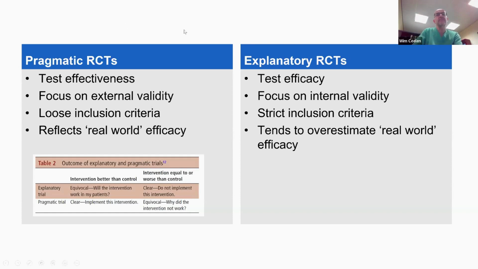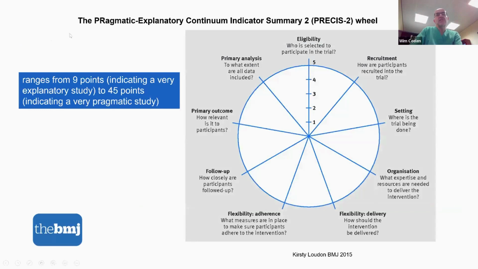because the patient specifics are different, because the methods are different, etc., etc. And so trials can have a varying level of pragmatism, and there is a scoring system for that, the so-called PRECIS. You can see it here, published in the BMJ a few years ago. It's a scoring system ranging from 9 points, which is then not very pragmatic, but more an efficacy trial, to 45 points, which is then the maximum, and that's a very pragmatic study.